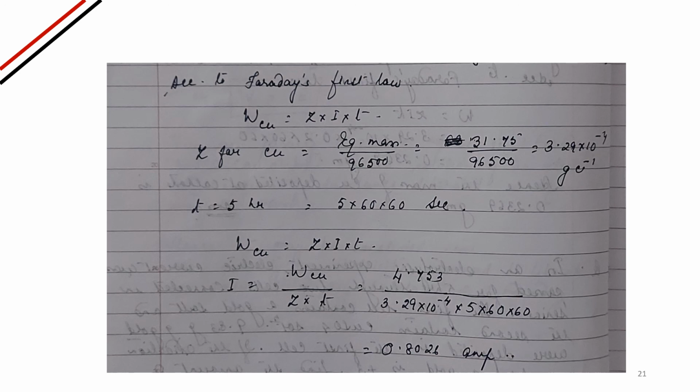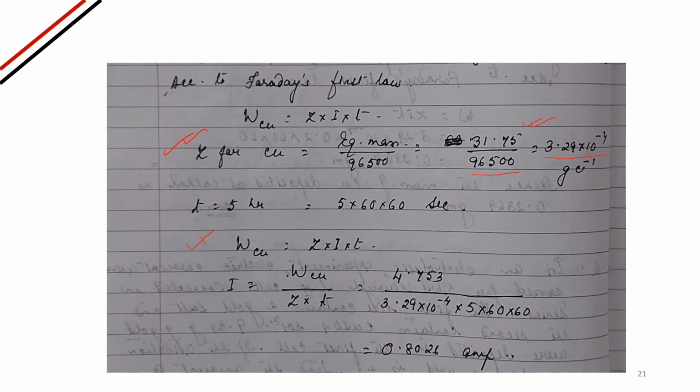The value of Z for copper can be calculated by the formula equivalent mass by 96500 coulomb. Equivalent mass is 31.75 for copper, which we have already got, divided by 96500. So we are getting 3.29 into 10 to the power minus 4 gram coulomb minus 1.